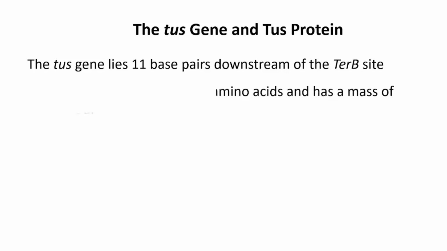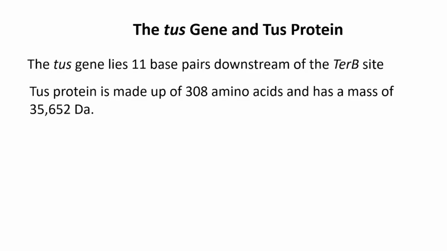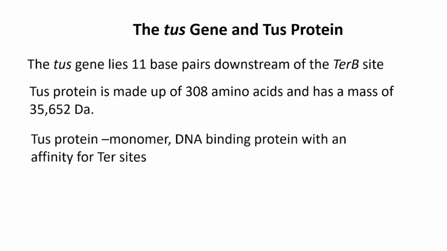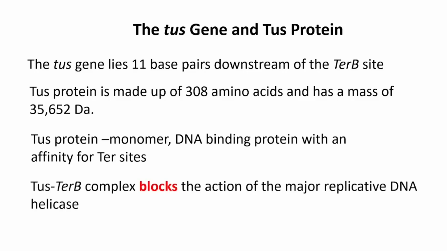TUS protein is made up of 308 amino acids and has a mass of around 36,000 Dalton units. TUS protein is a monomer, which is a DNA binding protein with an affinity for the ter sites. It binds tightly to each ter site, forming the TUS-ter complex. TUS-ter complex blocks the action of the major replicative DNA helicase. We will see this in the coming slides.